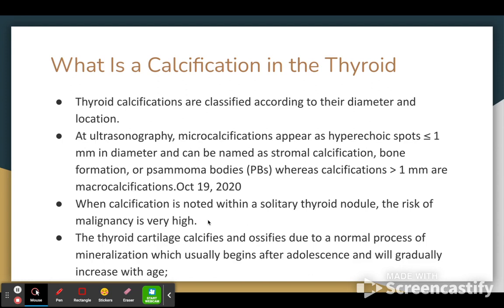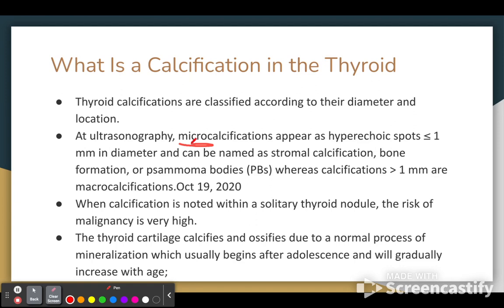Okay, so what is a calcification in the thyroid? Thyroid calcifications are classified according to their diameter and location. So on ultrasound, microcalcifications appear as hyperechoic spots less than 1 millimeter in diameter and can be named as stromal calcification, bone formation, or psammoma bodies.